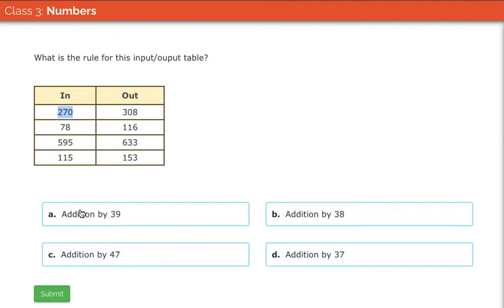Well, we can minus 5 from 38, which is 33. So 633. And 115 plus 30 is equal to 145. And 145 plus 5, 150, 153.